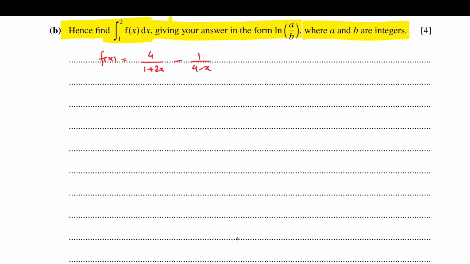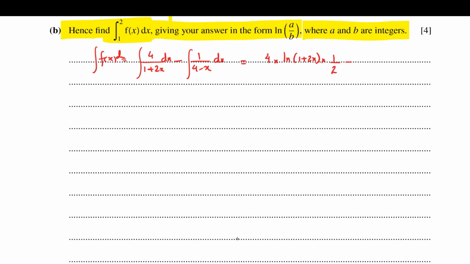Now since we are going to integrate this, I will use the definite integral afterward. Let's integrate it first. So first of all, 4 is a constant, comes out, and 1 over the linear means it is ln(1 + 2x), and then we will divide by the differentiation of this, that is 2, so 1 over 2.